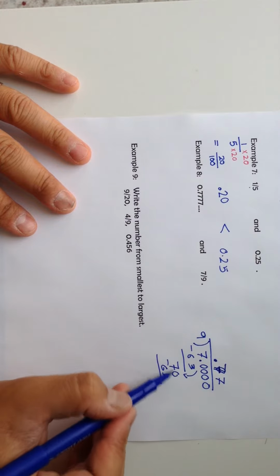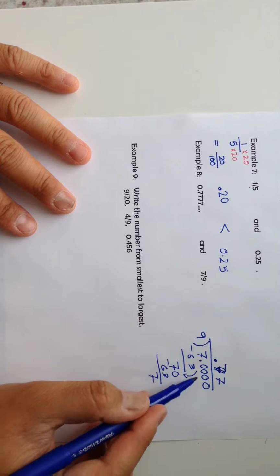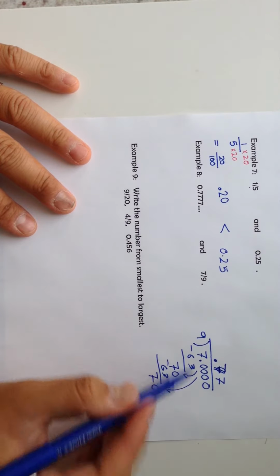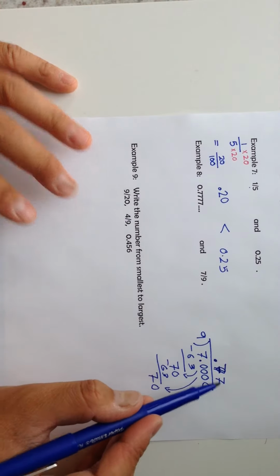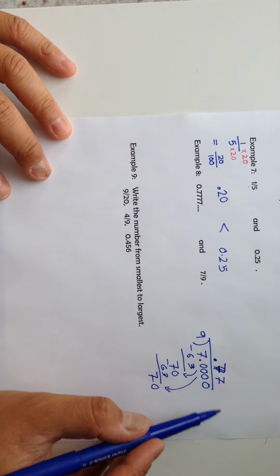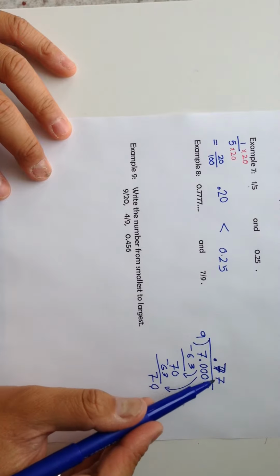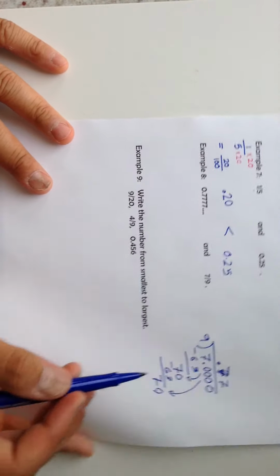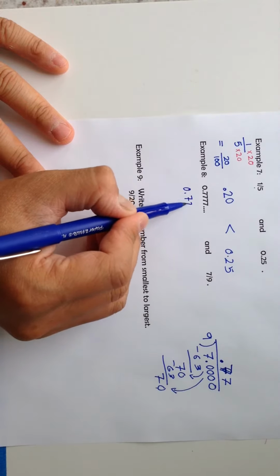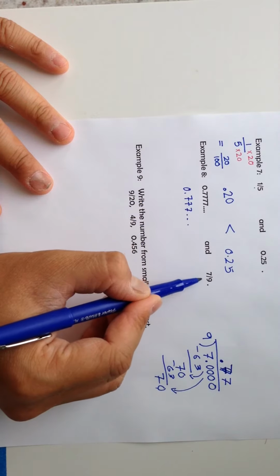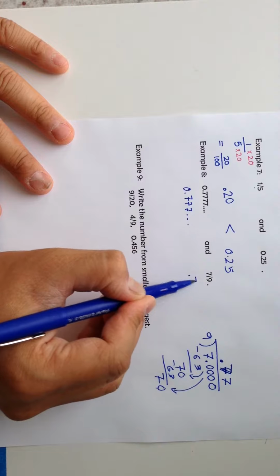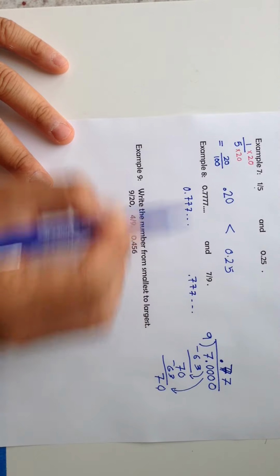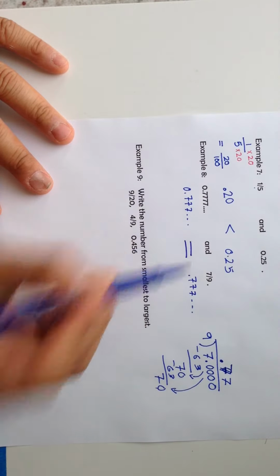Subtract, you have a remainder of 7. Bring down the next 0. Notice that this division is going to produce 0.77777 because that's what the pattern showed. So when we compare 0.777 and this number, which is really 0.777 repeating, we conclude that these two numbers are actually equal to each other.